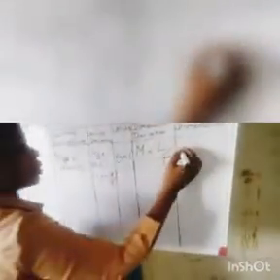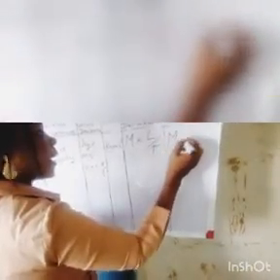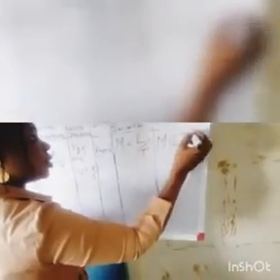Okay, so with this we have our dimension of momentum to be capital M L T raised to power minus 1, using your knowledge of indices.